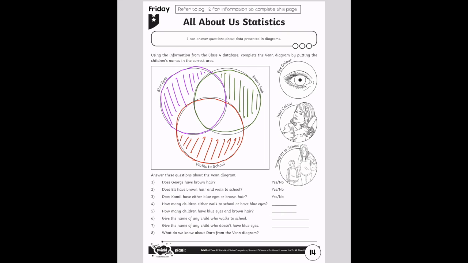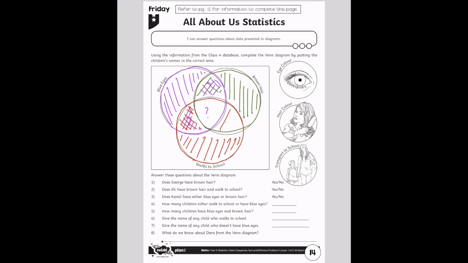Now, what about these middle sections here? Well, anybody that has both blue eyes and brown hair, but does not walk to school, would go in there. In here, anybody that has blue eyes and walks to school would go in here, and they do not have brown hair.